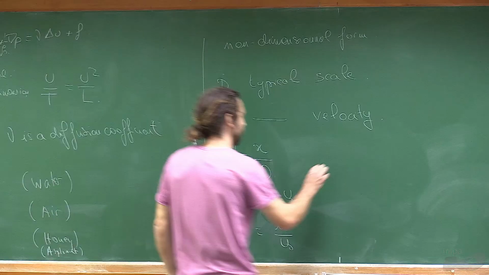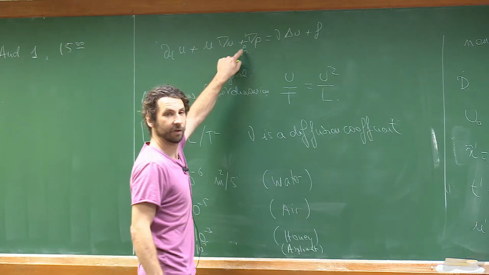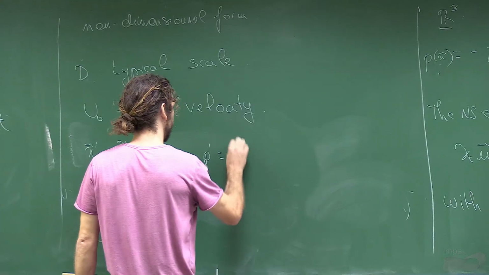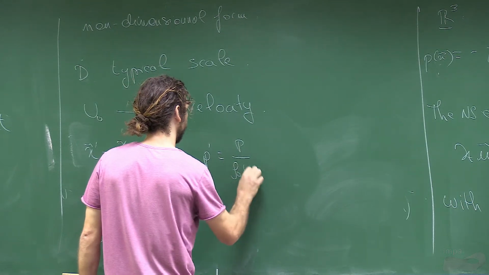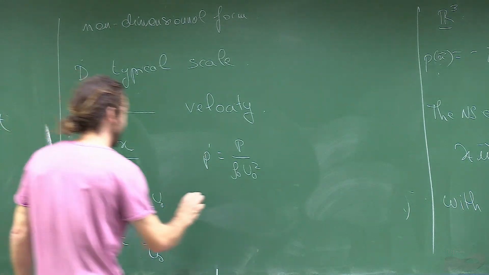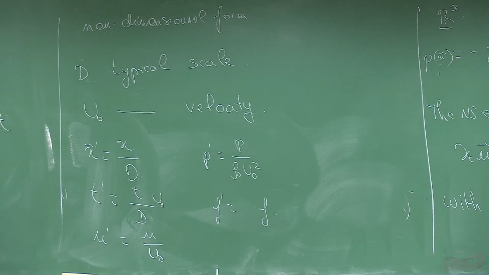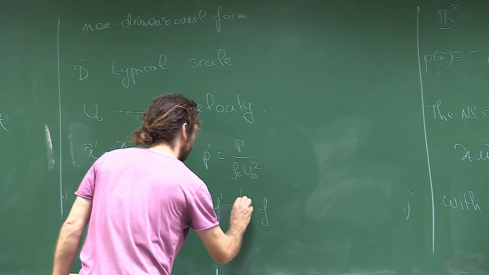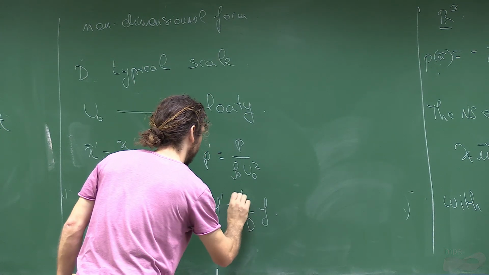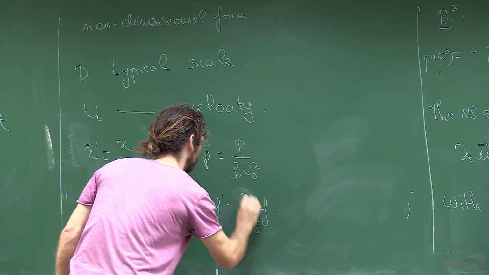And so a good way to do it is also to do it in a way that we are going to get rid of this guy. So we are going to rescale it as p over rho0 u0 square. And f prime will be f divided by u0 square over D.